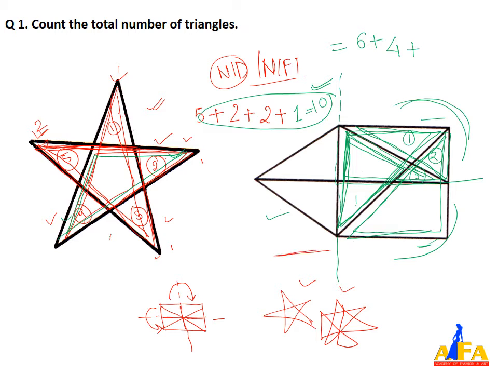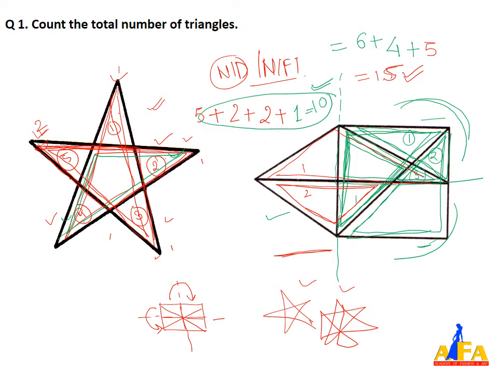Rest, if we start calculating the number of triangles in this part, it is 1, 2 and the total is 3. So 3 triangles, then 4, 5. 5 are there. So 6 plus 4 plus 5 is equal to 15. So 15 is the answer for this question, okay.